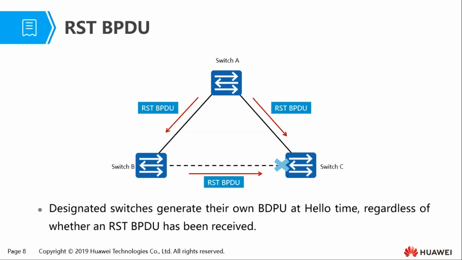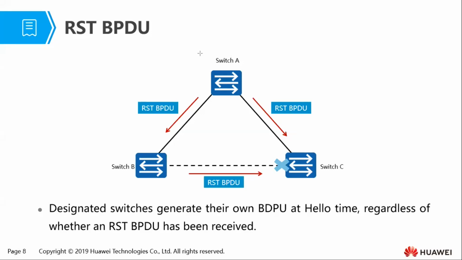Now, that is quite different in RSTP, because in RSTP, after the topology becomes stable, a non-root bridge will also send configuration BPDUs at hello intervals, regardless of whether it has received a configuration BPDU sent from the root bridge.